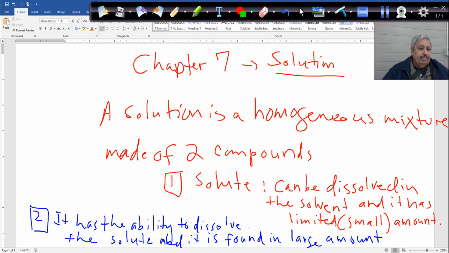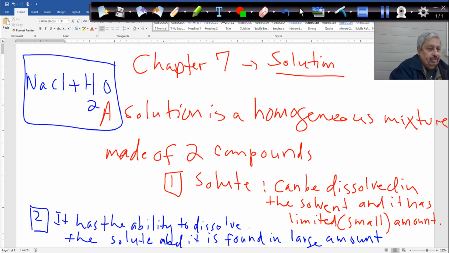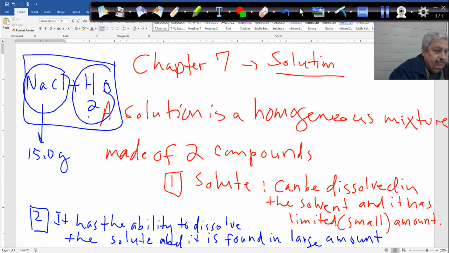We'll make an example here. I have sodium chloride dissolved in H2O. This is a homogeneous mixture because ionic compounds are soluble in H2O, in water. So if I have this as a solute, say I have 15 grams of this, and this as a solvent, I will have 555 grams.